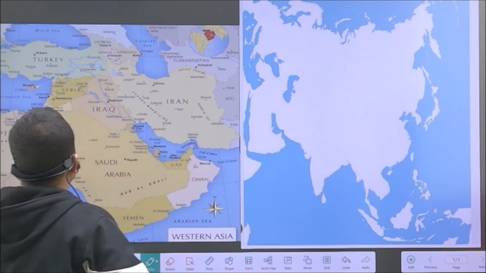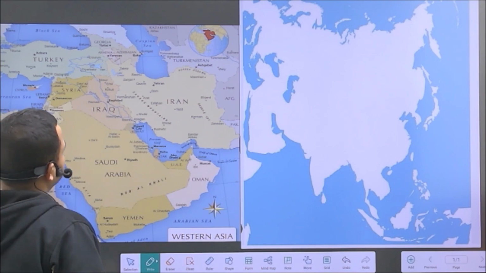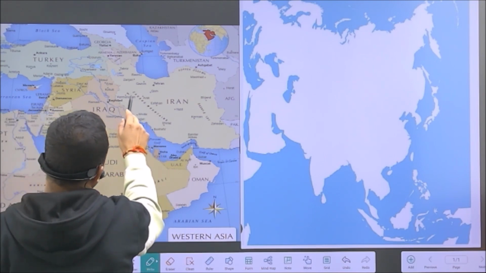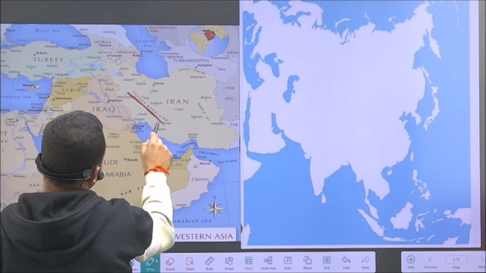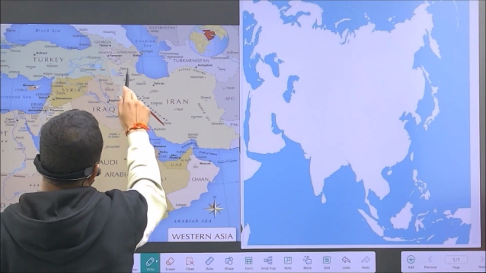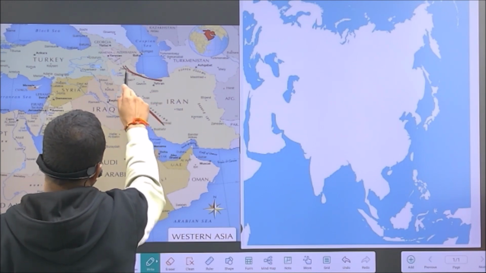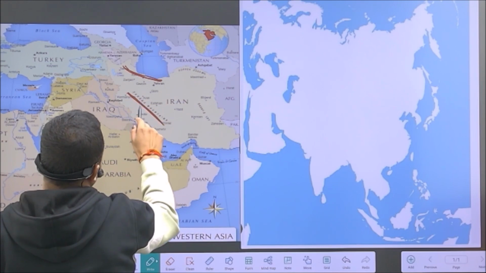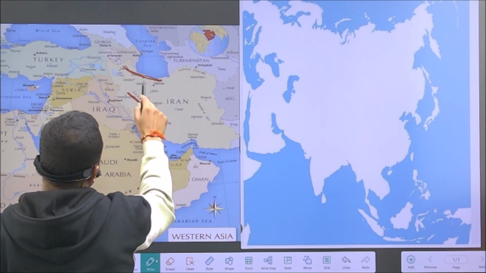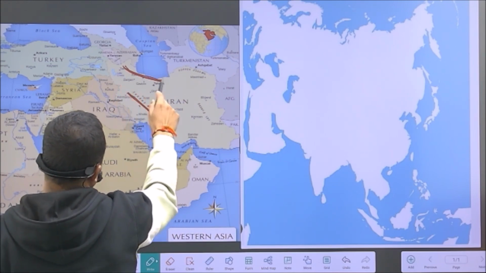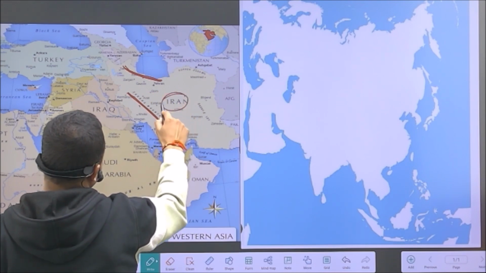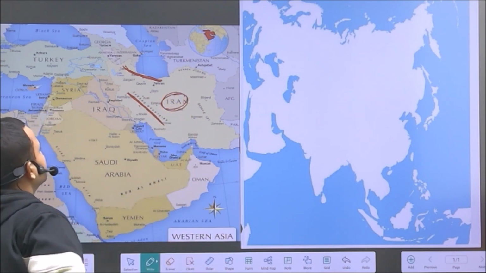In Iran, here you can see the Zagros mountain, and here you can see the Elburz mountain, and between the Zagros mountain and Elburz mountain, here you can see the Iranian plateau.